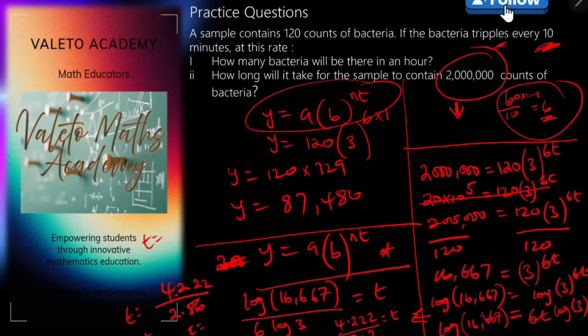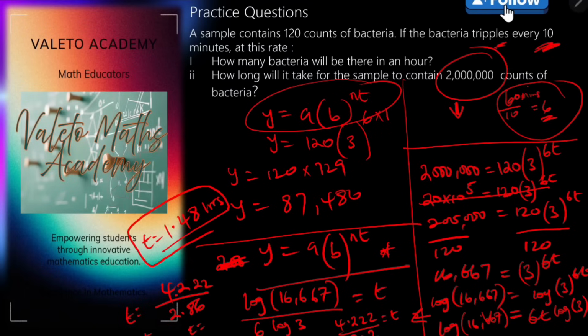So we have that the time it would take for the sample of bacteria to contain 2 million counts will be 1.48 hours. Okay, so we can see here that in 1.48 hours, the bacterial count will move from 120 to 2 million counts.